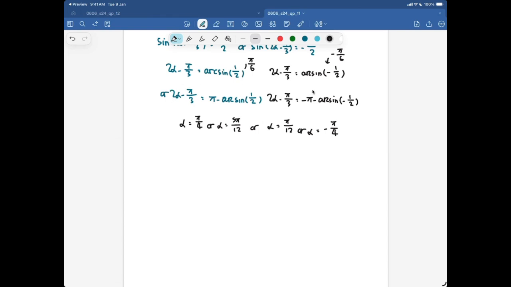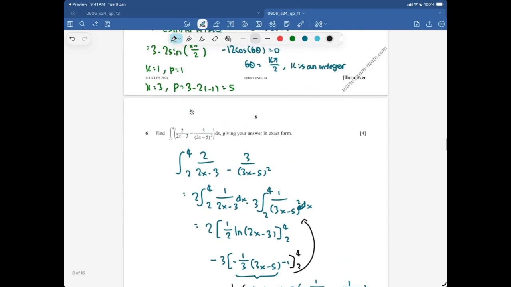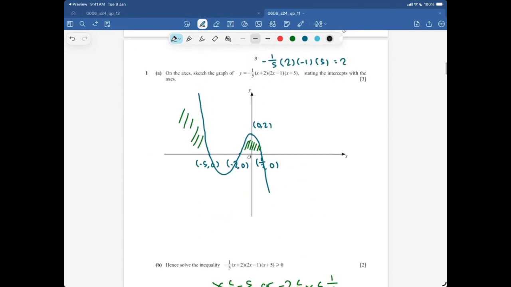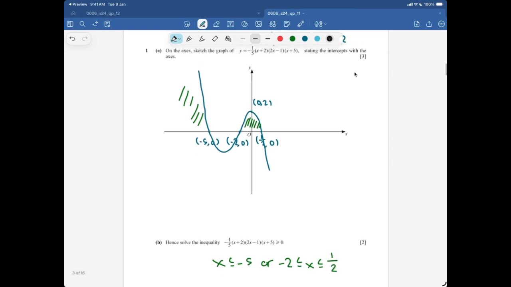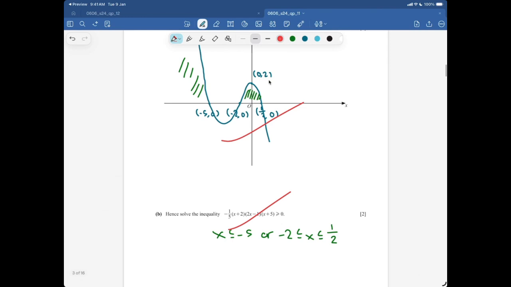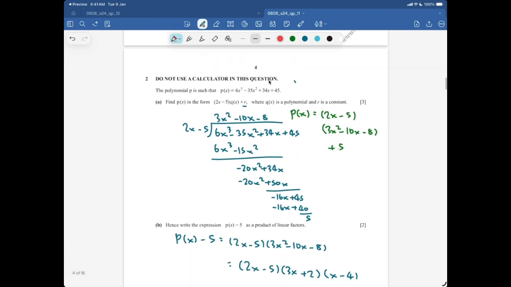So paper 1, 2024, May/June, time zone 1. Question 1, yep, that's correct. Correct shape, that's good. So full marks over here. For question 2, r is 5.